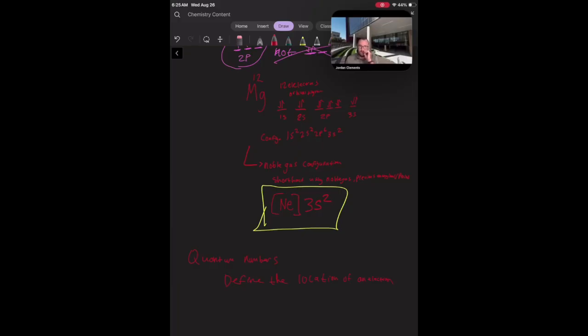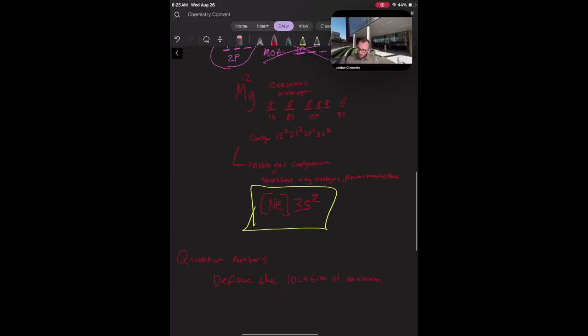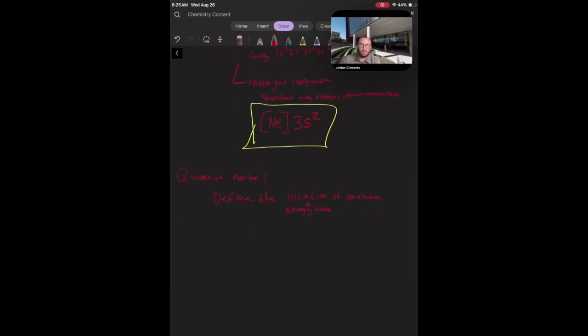We can also define the energy states based on a set of quantum numbers. So we have 4 quantum numbers that we use. We have the principal quantum number, and this is the energy level. It's notated as n. It represents the energy level.